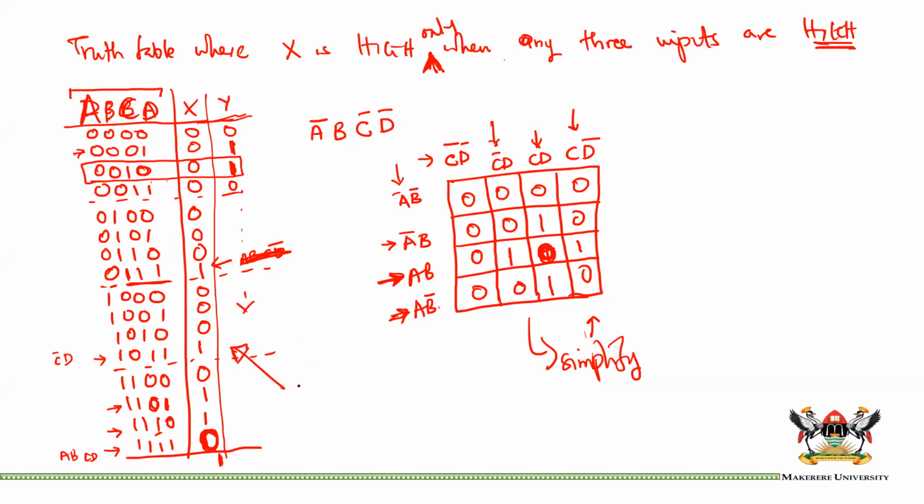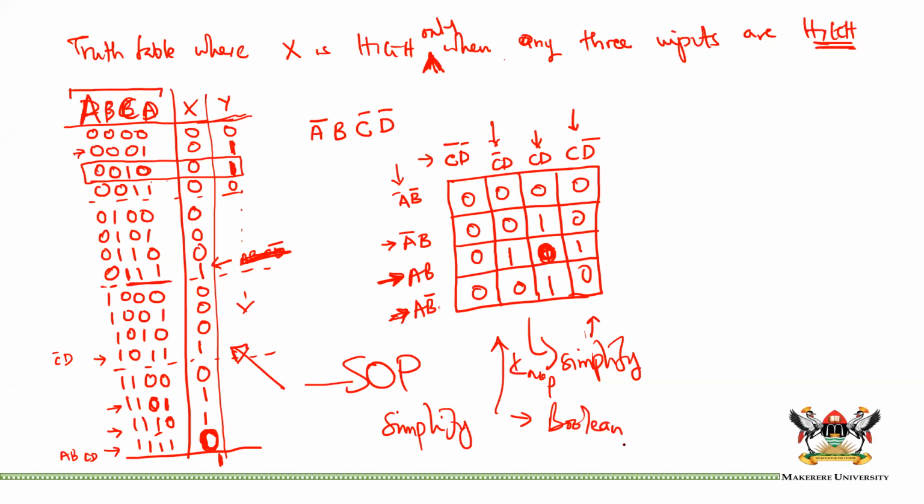In fact, when we get the truth table, we make a sum of products statement, and then we simplify using either K-map or Boolean algebra. So the question perhaps you should be asking is, why would we use a K-map when we can use Boolean algebra? That is a valid question.